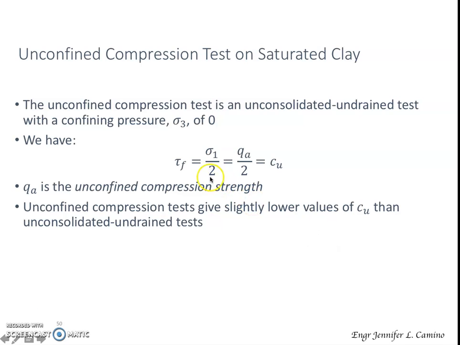So we have the value for our shear strength, which is equal to sigma sub 1 all over 2, or that is equal to unconfined compression strength all over 2, which is equal actually to C sub U. So our unconfined compression test gives slightly lower values of C sub U than the unconsolidated undrained test.